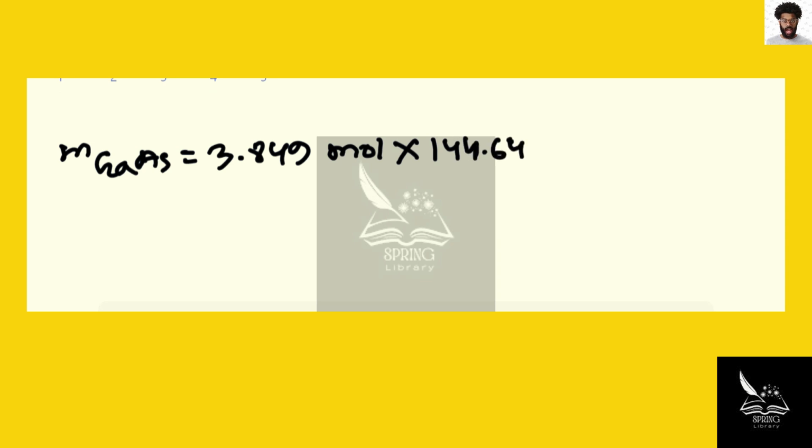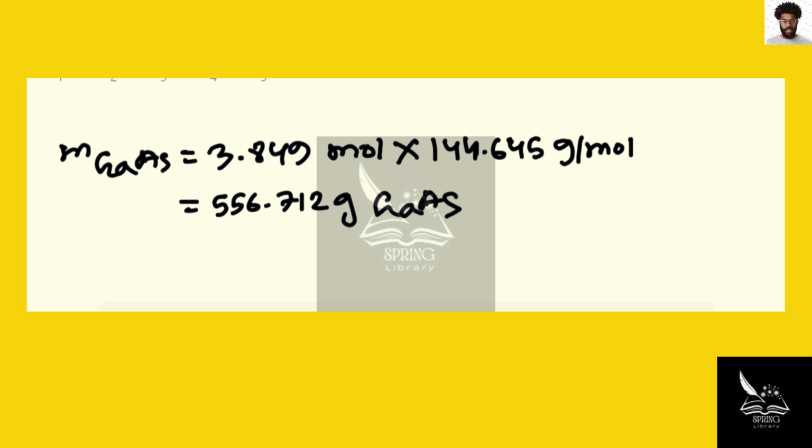So mass of gallium arsenide will be the number of moles of gallium arsenide, 3.849 mole, times the molar mass of gallium arsenide, which is 144.645 gram per mole, and it will give us a value of 556.712 gram gallium arsenide.